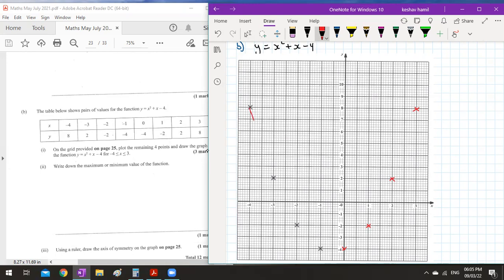Right, so use your pencil and draw a nice smooth curve, as smooth as possible. So that's what they're asking for.